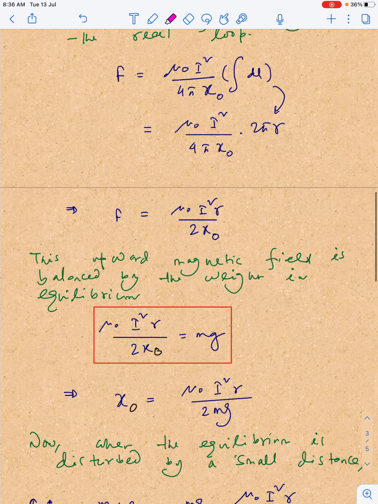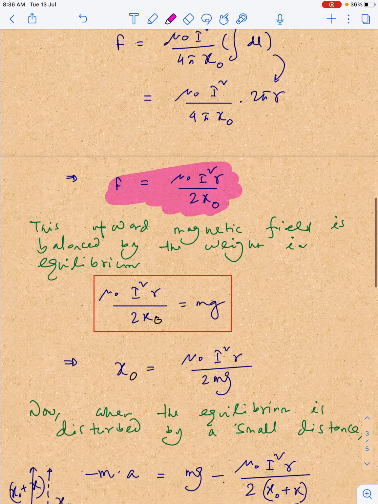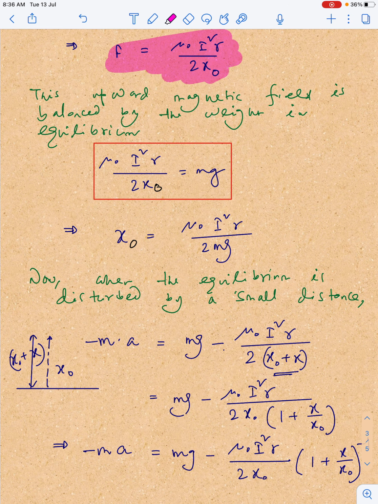So ultimately the force becomes mu naught I square r divided by 2x naught. If you check the vector method, you will find that this force is in the upward direction. So it has to be balanced by the downward force due to gravity, that is weight. By comparing that, x naught comes to be mu naught I square into small r divided by 2mg. So that is the answer of the first part of the second question.